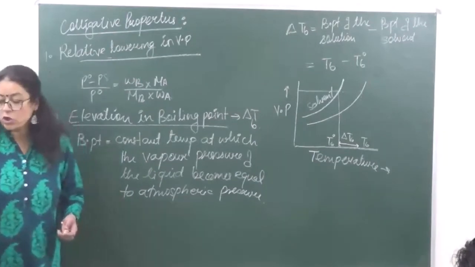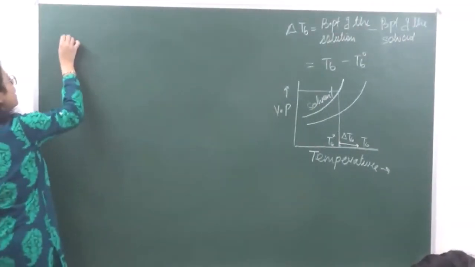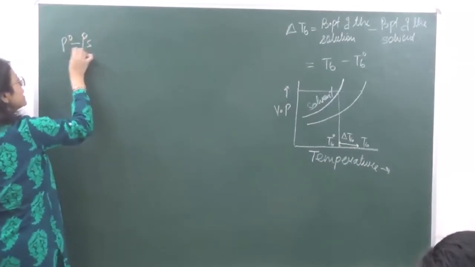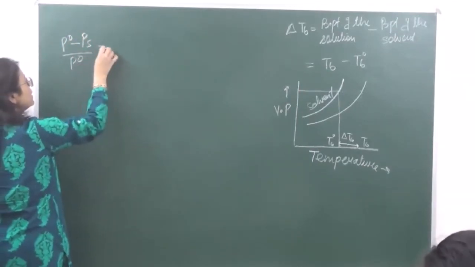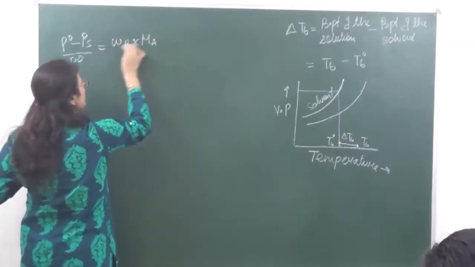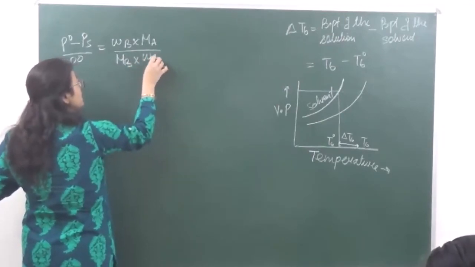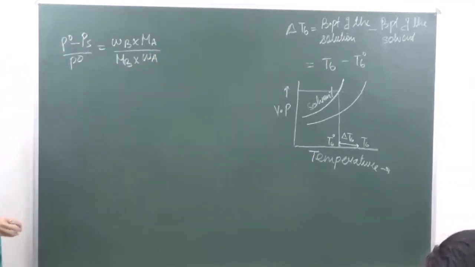Now if we want to derive a relationship between this, let's derive it from Raoult's law. According to Raoult's law, we know that (P naught minus Ps) upon P naught is equal to WB into MA upon MB into WA. This is the expression given for relative lowering in vapor pressure.